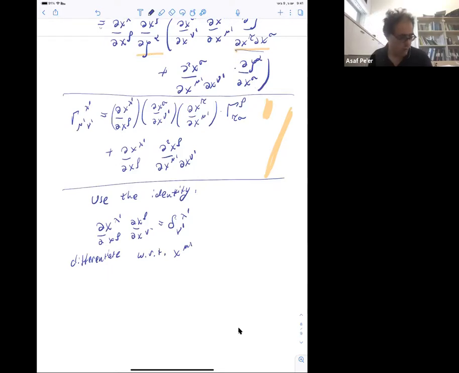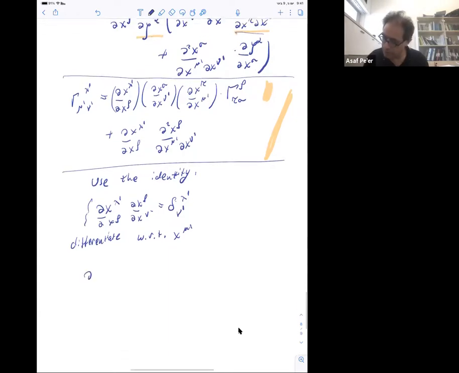And what we have is that if I take the differentiation with x mu prime, then again, the delta gives me nothing. It's just 1, so when I take the differentiation, it's 0. So I really have two terms here. The first term would be dx lambda prime over dx rho, and then d squared x rho over dx mu prime, is minus.